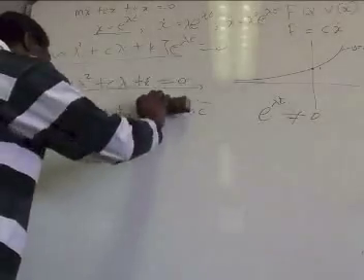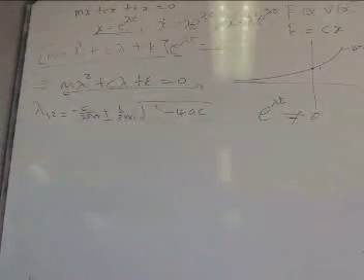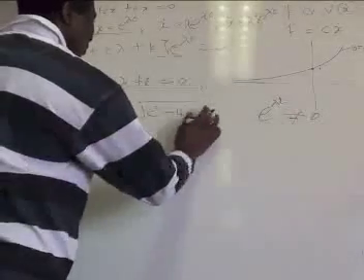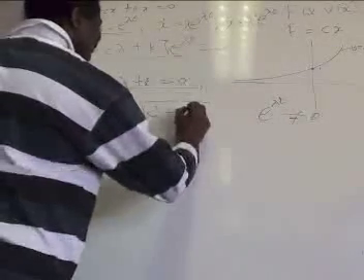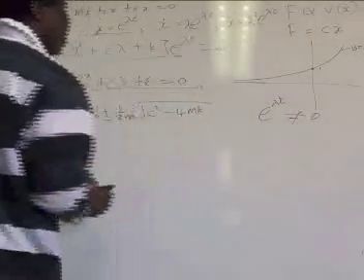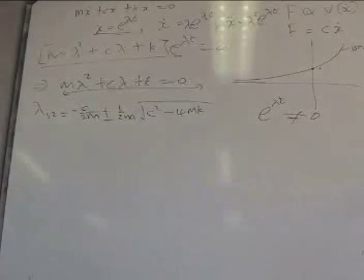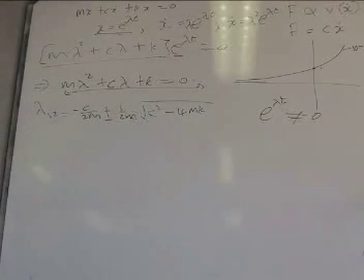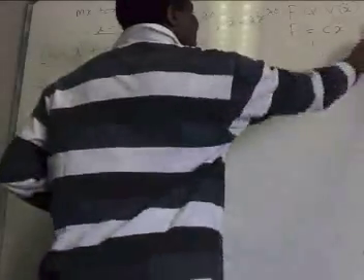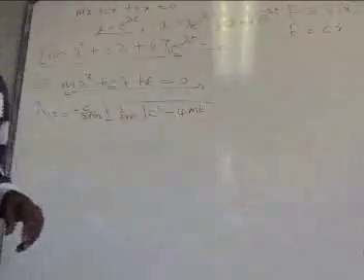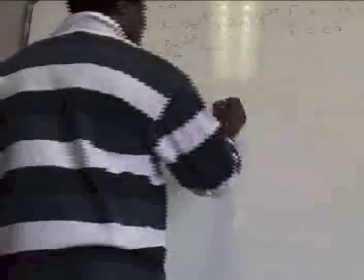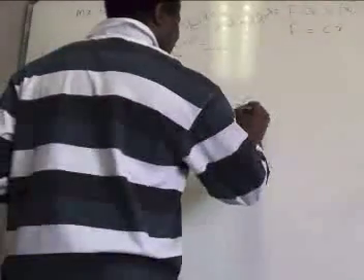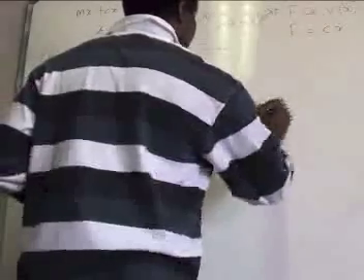c squared minus. So I'm forgetting to substitute. This is c squared minus 4mk. Oh, yeah. We can rewrite this expression. And we can say minus c over 2m plus or minus.